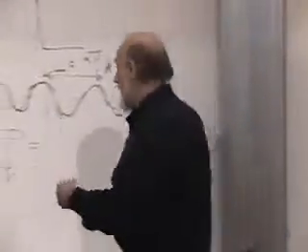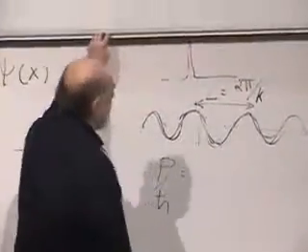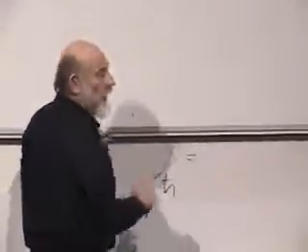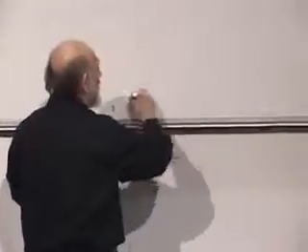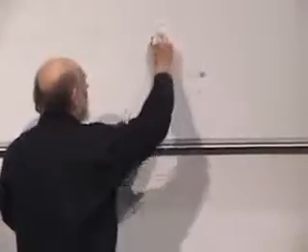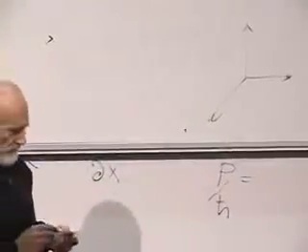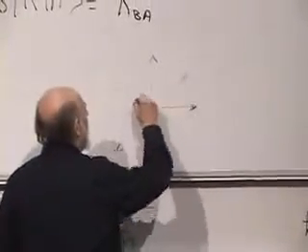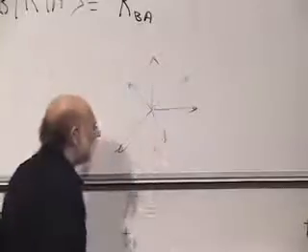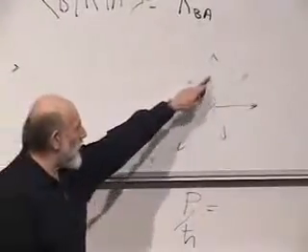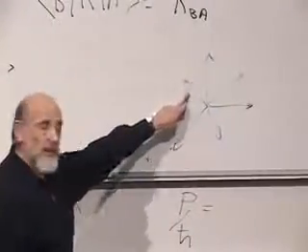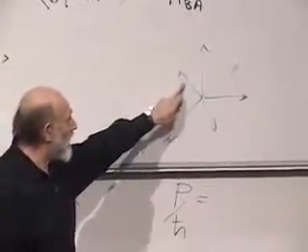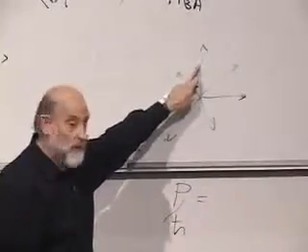Another way to say it is if you think of the eigenfunctions of position as forming a basis of vectors in a very high dimensional vector space, but I'm going to draw it as just three-dimensional, then the eigenfunctions of momentum are simply different eigenvectors pointing in different directions, so that no eigenfunction of position is also an eigenfunction of momentum, and no eigenfunction of momentum is an eigenfunction of position.